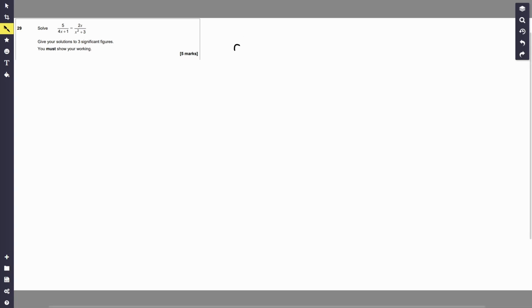So the first thing I would do is try and get rid of these fractions, because I don't like fractions. They're not going to do us any good. So 4x plus 1. What I've done here is I've just times both sides by this 4x plus 1. What that'll do is bring this over to the top here because I'm timesing by it.